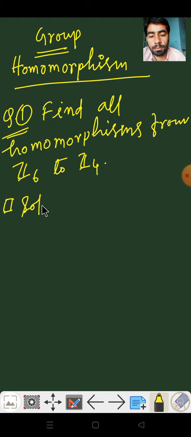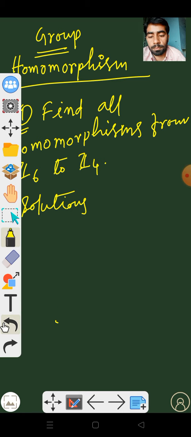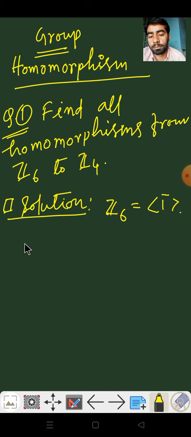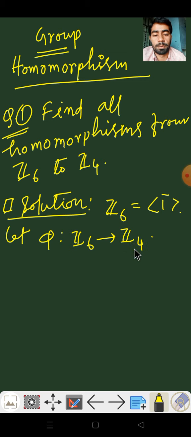Solution. Now we all know that Z6 is a cyclic group generated by class of 1. Let phi be a homomorphism from Z6 to Z4.